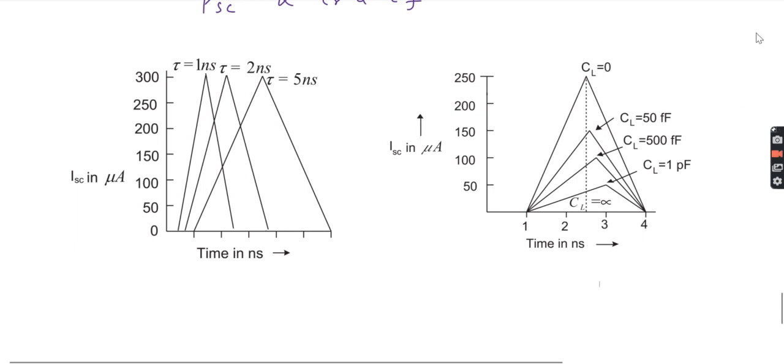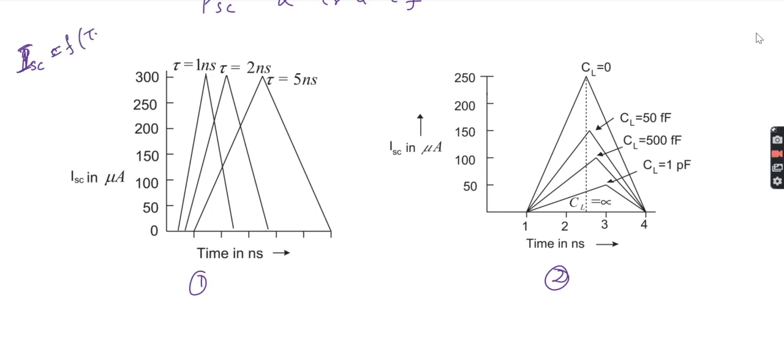Okay. Now you can see this figure 1. This is your figure 1, and consider this as figure 2. What is figure 1 showing? This is showing us the short circuit current as a function of input rise and fall time. Short circuit current means ISC, and ISC is a function of the input rise time and fall time.